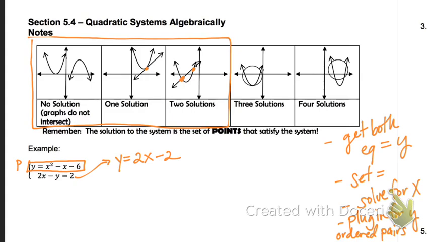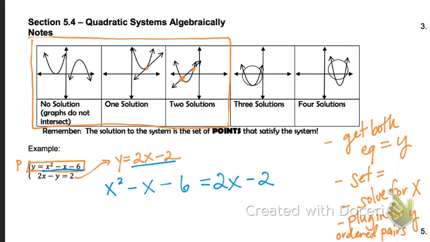From there, I can now set 2x minus 2 equal to x squared minus x minus 6 because they're both equal to y. So I'm going to write x squared minus x minus 6 equals 2x minus 2. Now, to solve this, I want to move everything to one side, and I'm probably going to factor.